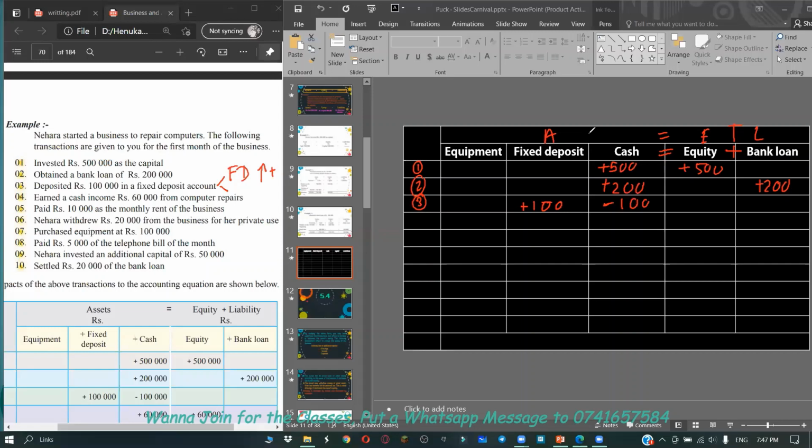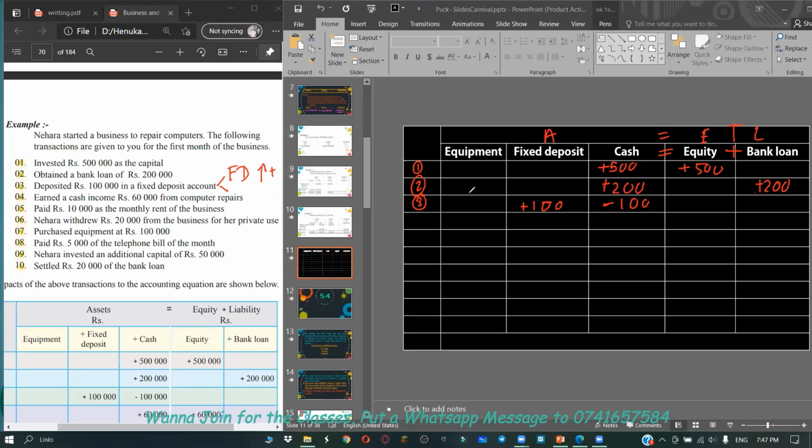The asset side has balanced with the equity plus liabilities side. And by obtaining a bank loan, our cash asset increased by 200,000, because the bank gives us the money. So the bank loan liability also increased, and our equation balanced again, assets equals liability.